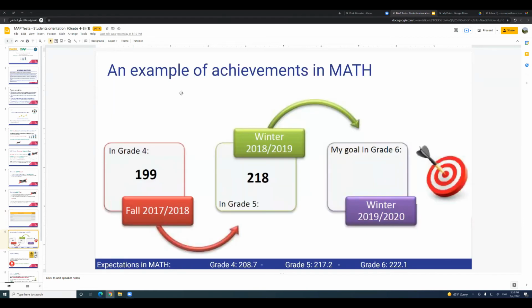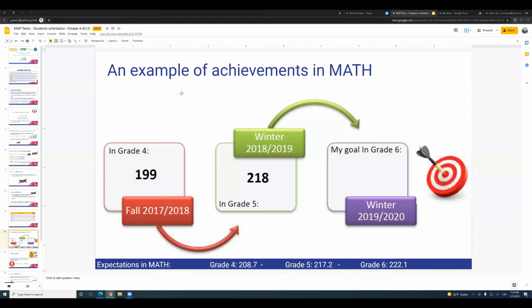Okay, so here is an example of achievement in math. Let's say in grade 4, you got 199 as your score in the MAP test. Then before grade 5, you identified your weaknesses and your teacher worked with you. You needed to work on, for example, multiplication tables, shape and space, or number bonds and additions from mental math, and you worked on it.